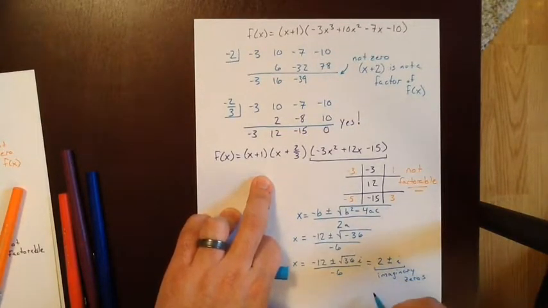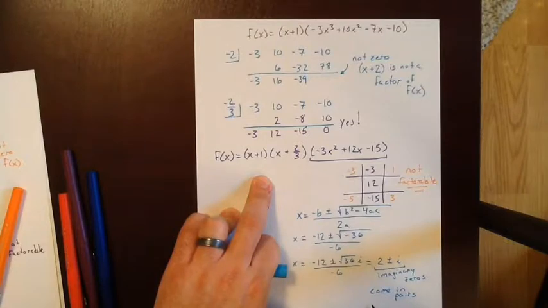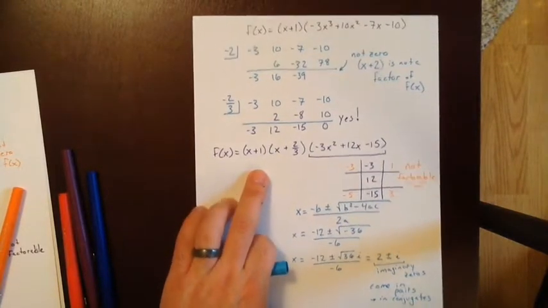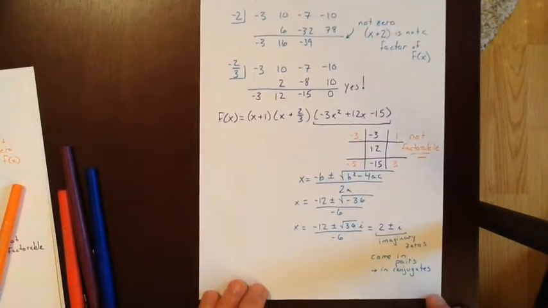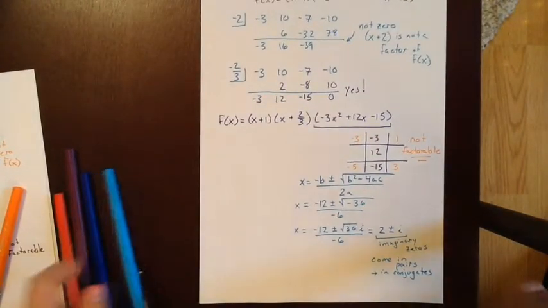And this has been said before, imaginary zeros come in pairs. And being more descriptive, they come in conjugates. So a term that we have heard of before, conjugate.